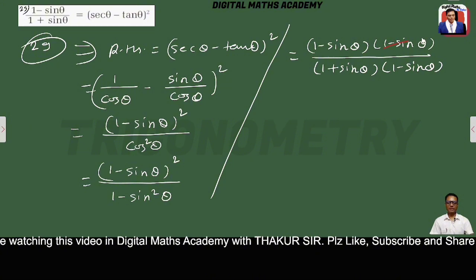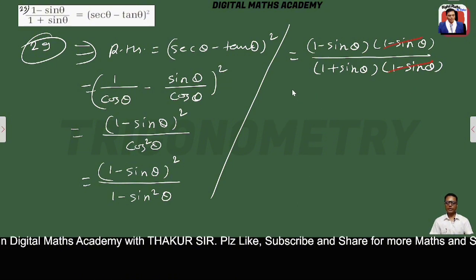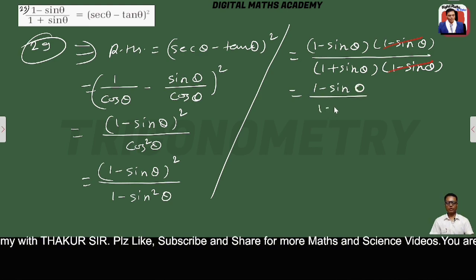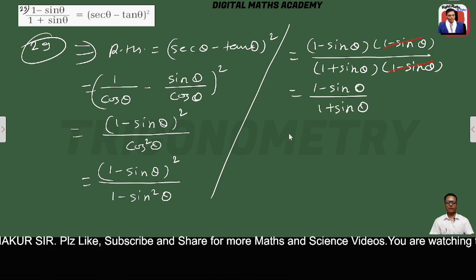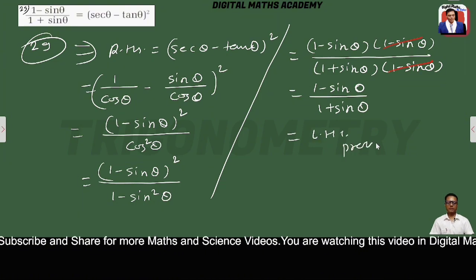So we see one factor cancels one factor, and remaining we have here (1 minus sin theta) divided by (1 plus sin theta). It is equal to the left hand side, and we can write here lastly proved.